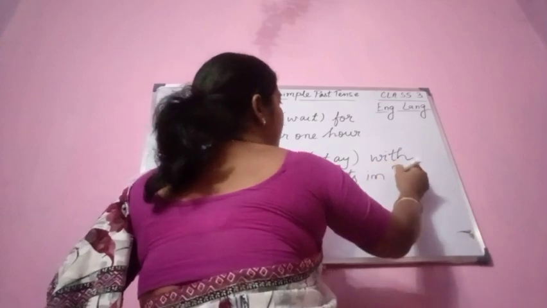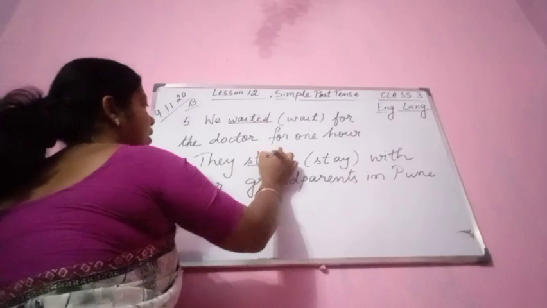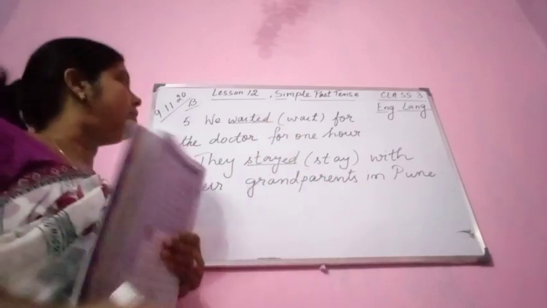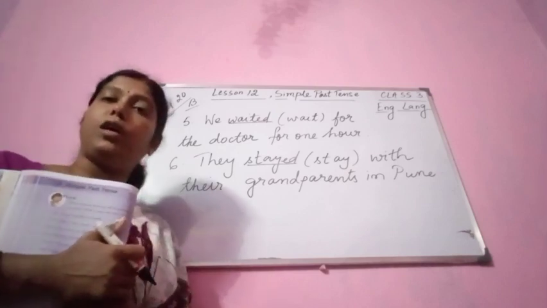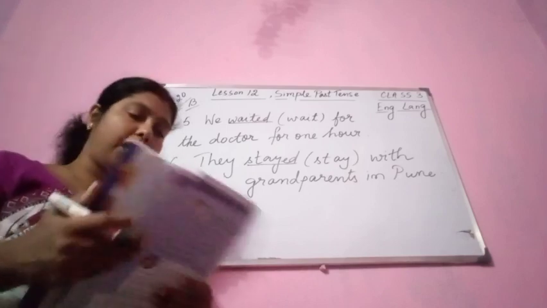So here it will be they stayed. The past tense of stay is stayed. They stayed with their grandparents in Pune. Number 5, we waited for the doctor for 1 hour. Number 6, they stayed with their grandparents in Pune.